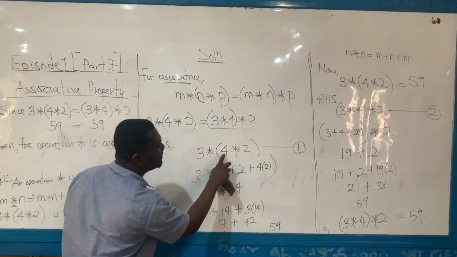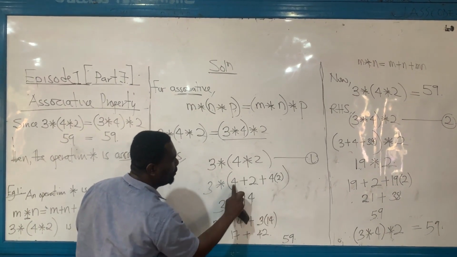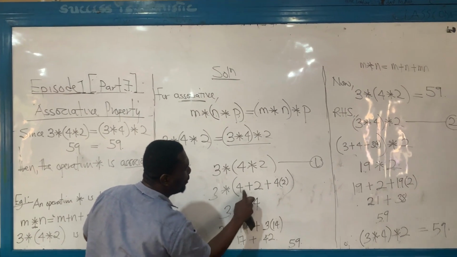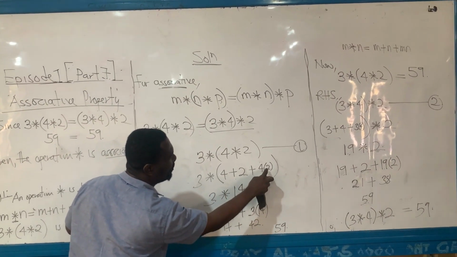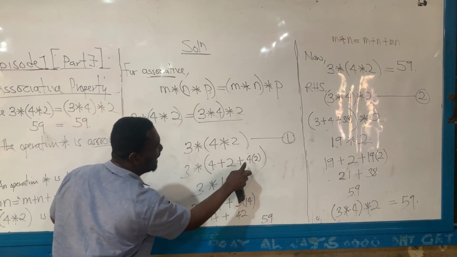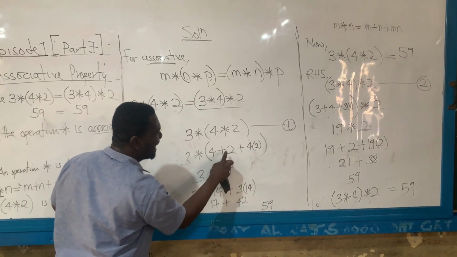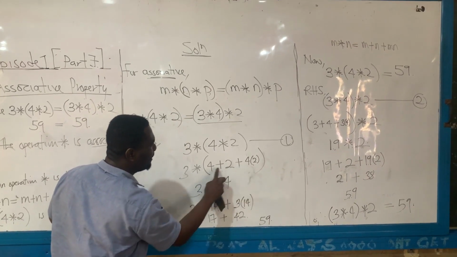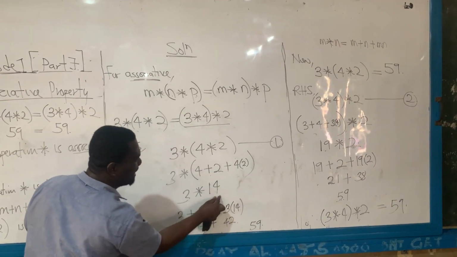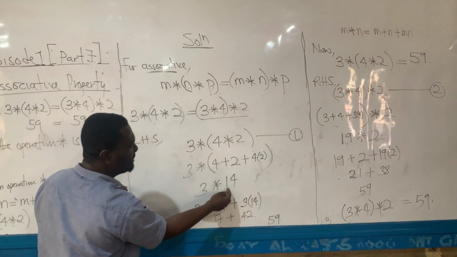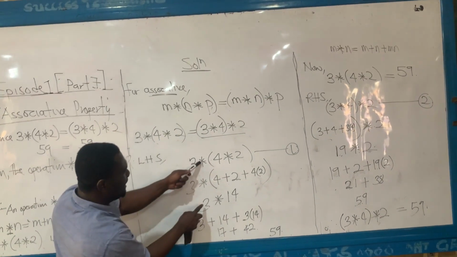When you substitute 4 and 2 in the formula, you are getting 4 plus 2 plus 4 times 2, m plus n plus mn. When you simplify everything here, you are getting 14, against the star 3.